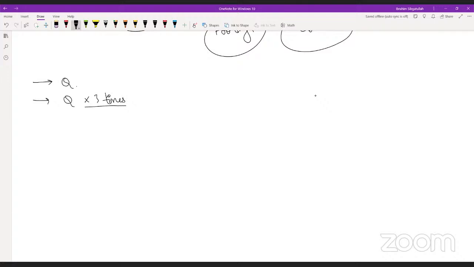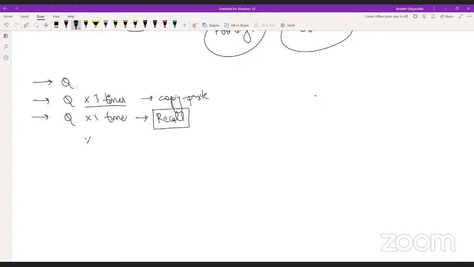Then after writing it 3 times, one time try to recall the steps. When we start with the problem, you will understand what exactly the steps I'm talking about are.